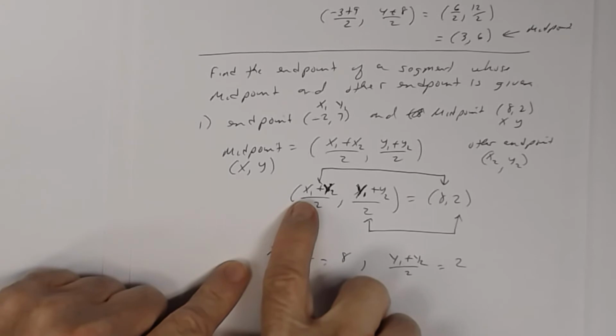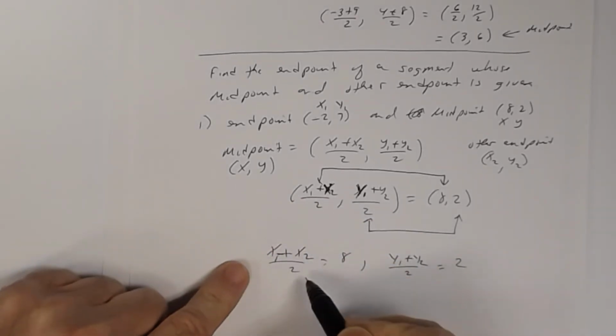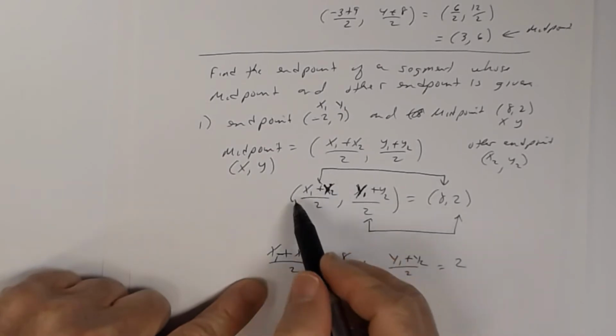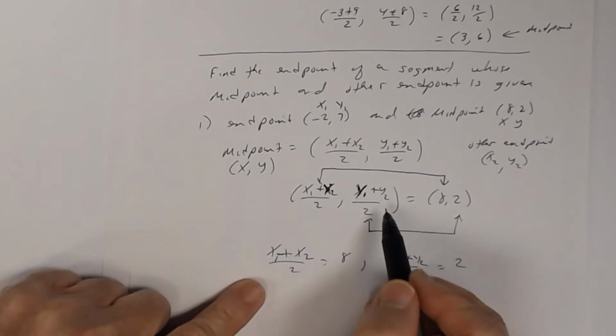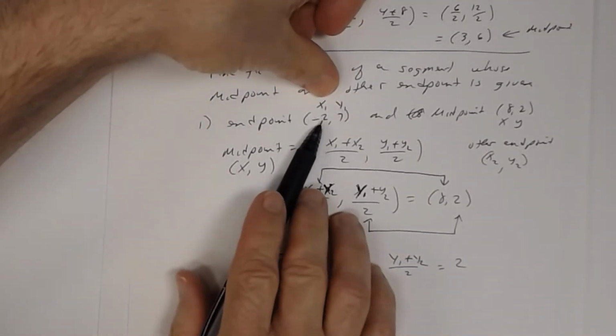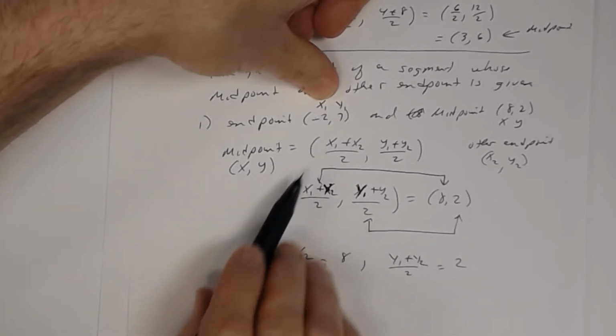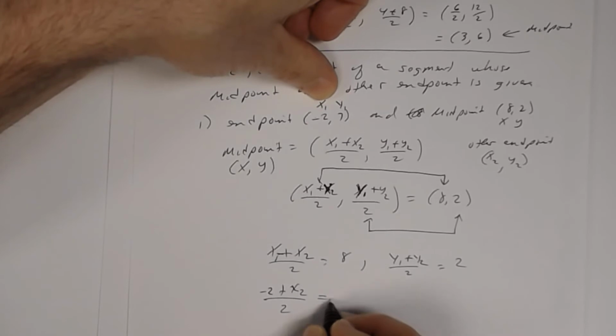So the average of your x coordinates has to equal 8, and the average of your y coordinates has to equal 2. And so you just plug in. x1 is -2, so you're going to say (-2 plus x2) divided by 2 is equal to 8.